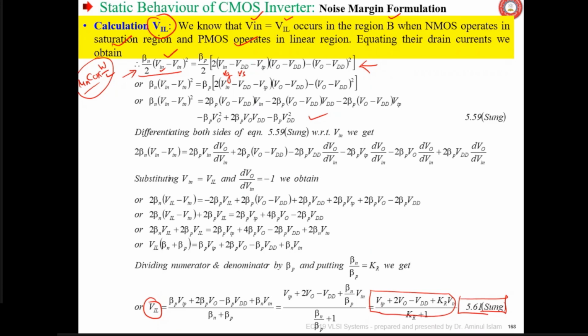So VG minus VS. This is VGS actually minus VTP into VO minus VDD. What is this one? Is it not VDS? The drain voltage of the P MOSFET is the output voltage or not? Okay, inverter. So this is drain voltage.